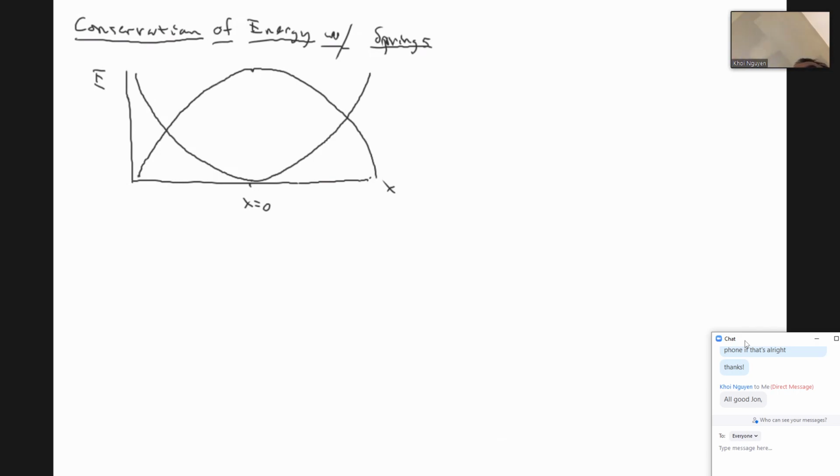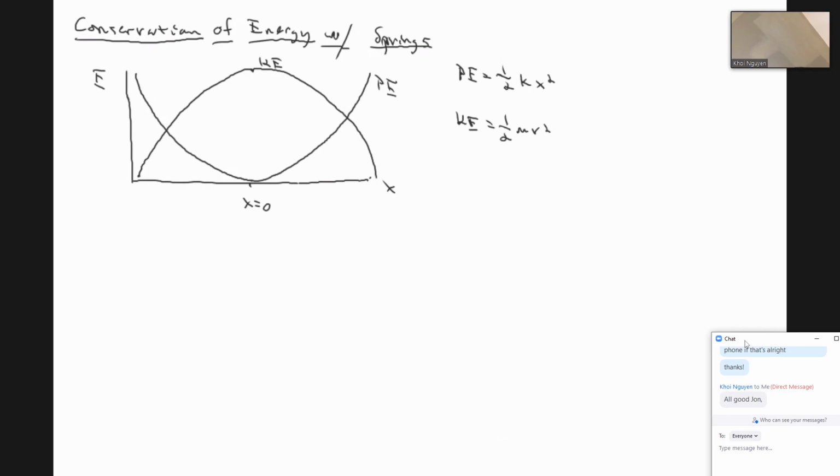We know that potential energy is 1/2 kx squared. So that's definitely here. That's when potential energy is at a maximum. And we know that that converts into kinetic energy, 1/2 mv squared. So the concave down graph would be the kinetic energy graph in your system.